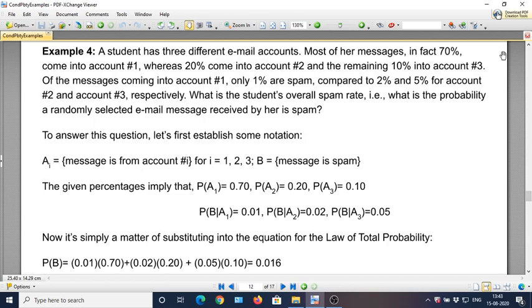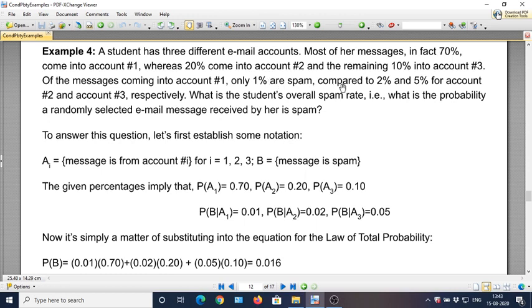To quickly go through: a student has 3 different email accounts. 70% of messages come to account 1, 20% come to account 2, 10% come to account 3. Messages have spam. For the first account, 1% of the messages are spam.